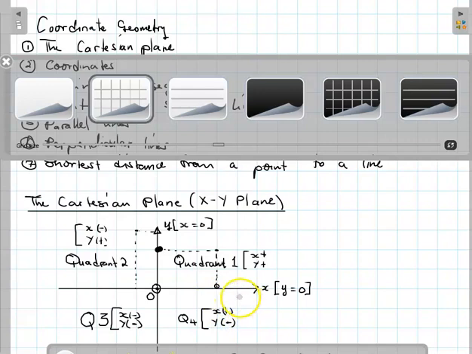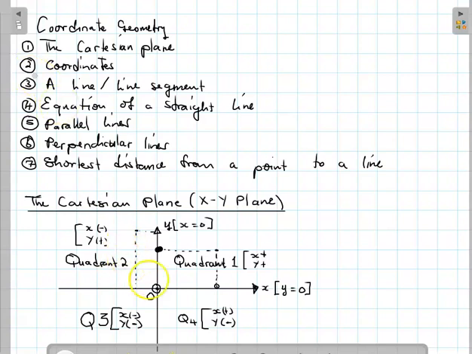So that's the xy plane and its quadrants in simple terms. We have not spoken in detail about points yet. That's just a depiction of the xy plane.